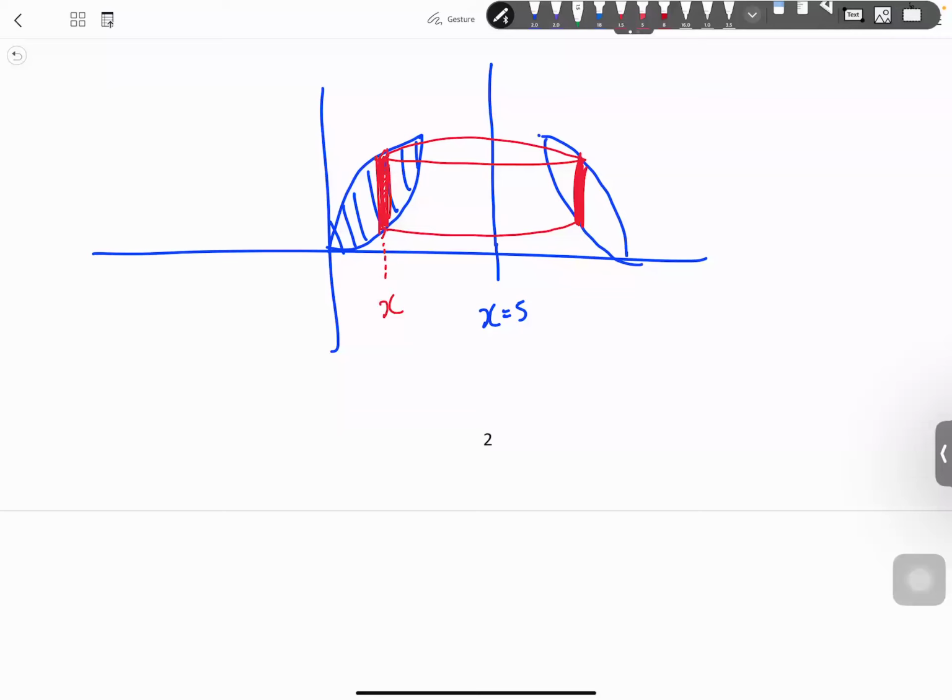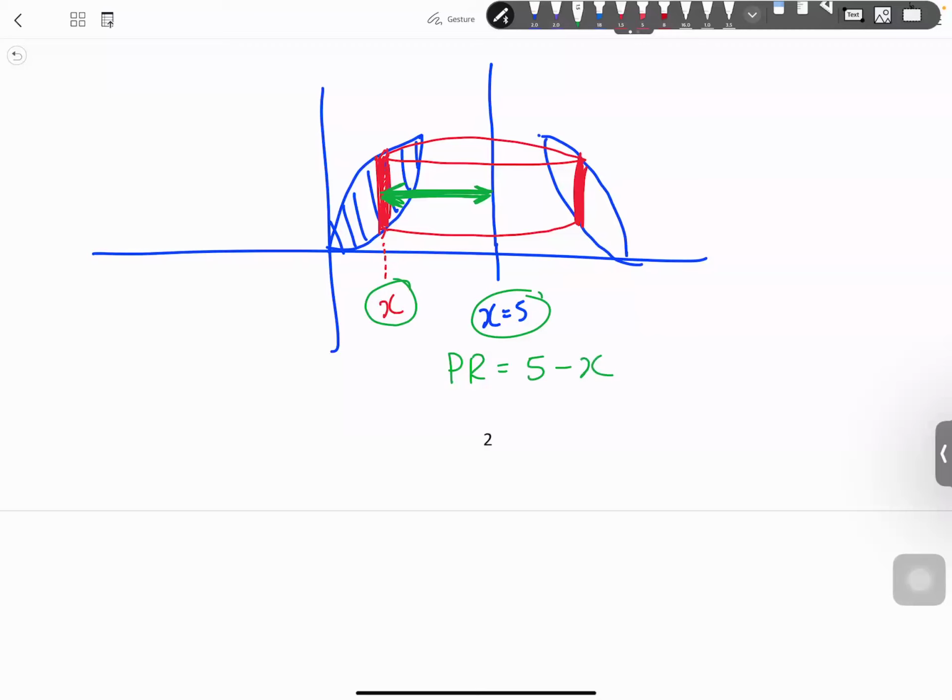The point radius is the distance between the shell and the axis of rotation. So this thicker green line that I'm drawing right here. The distance between these two is always going to be right minus left. So in this case, the point radius will be 5 minus x.